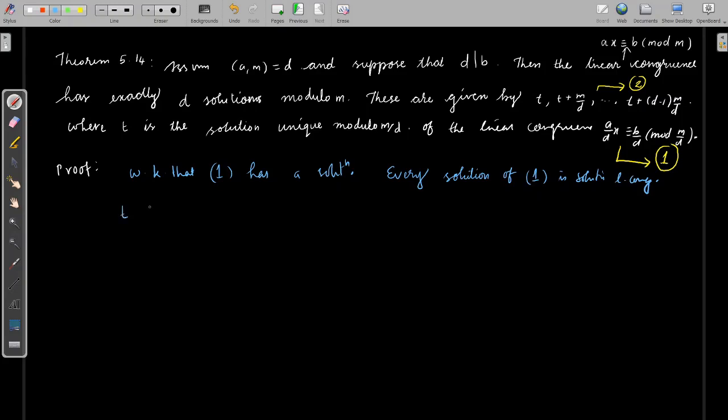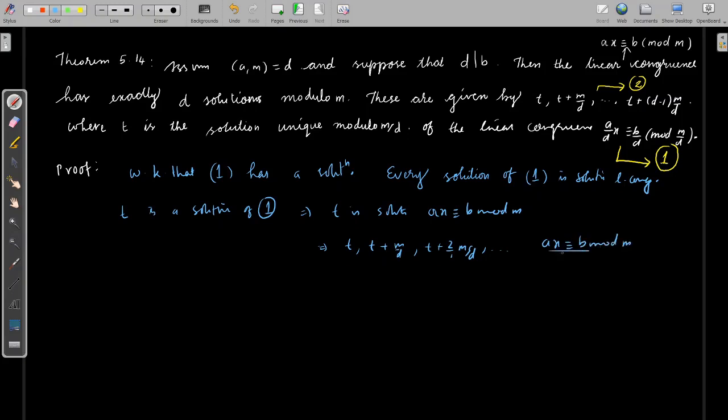If we take T as a solution of 1, we can say that T is a solution of our linear congruence Ax congruent to B mod M. Consequently, T plus M/D, T plus 2M/D are all the solutions of our linear congruence Ax congruent to B mod M.